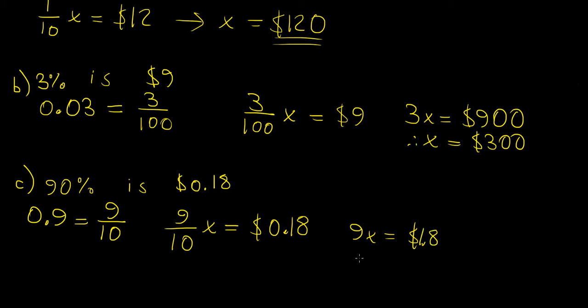And now we divide both sides by 9. So we're going to get X is going to be equal to $0.2, or basically just 20 cents. So we can just write the 0 here just to make sure that those are cents that we're dealing with.